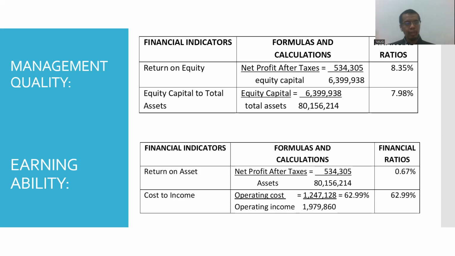And if we look at the other ratio, we can understand why Bank Islam Malaysia Berhad has a very high cost to income and a very low return on asset, because their deposits are dominated by term deposits.